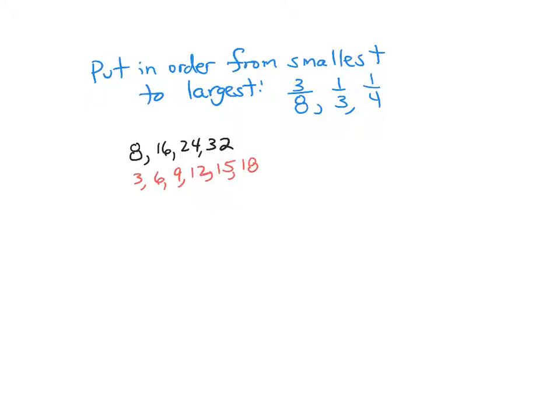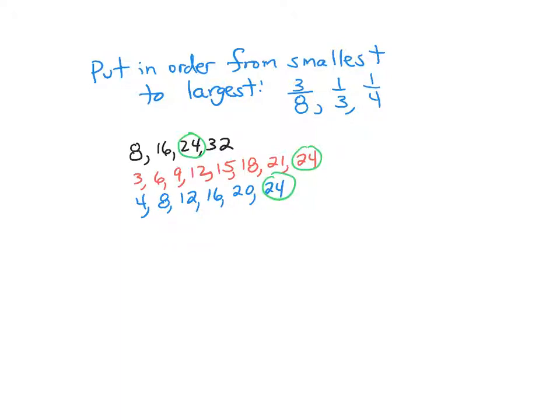I still don't have anything that's common. 21, 24. Oh, looks like 24 is a common multiple of 8 and 3, so now I need to do it with my 4. 4, 8, 12, 16, 20, 24. They all have a common multiple of 24.